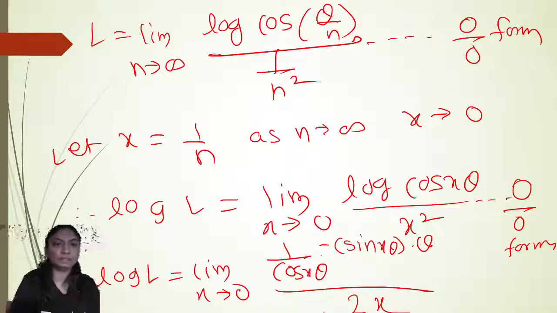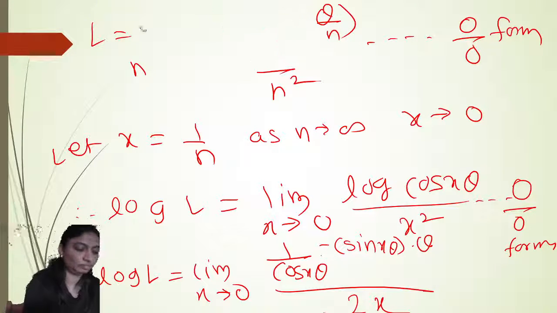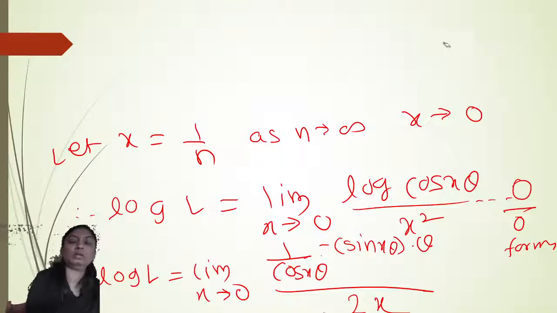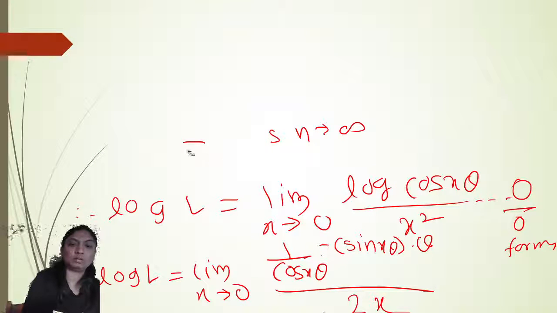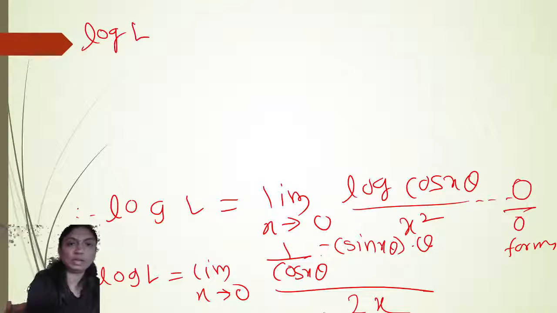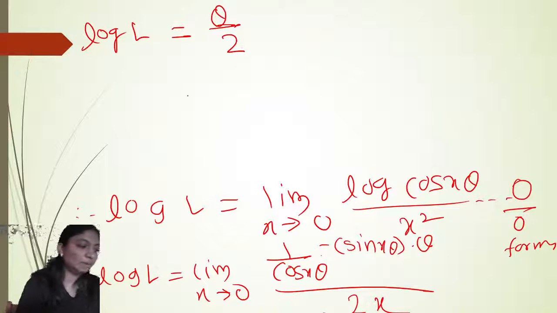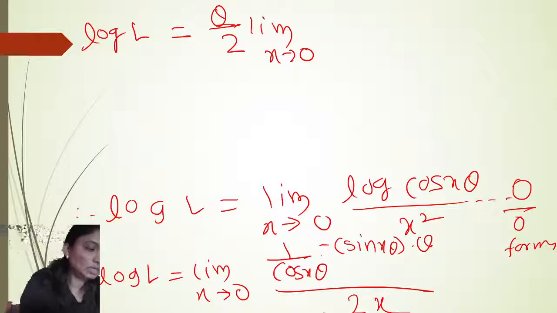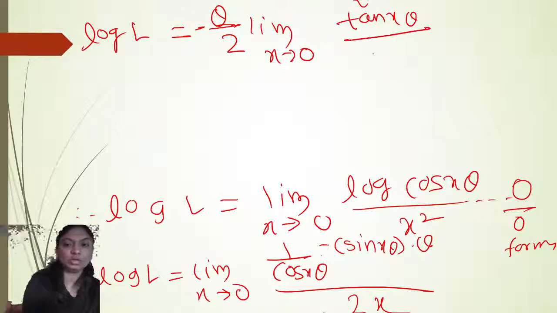So log L is equal to theta by 2 into bracket, limit as x tends to 0. Now here minus sin x theta upon cos x theta, so is it nothing but tan x theta? Minus sign you can take outside. So tan x theta upon x.